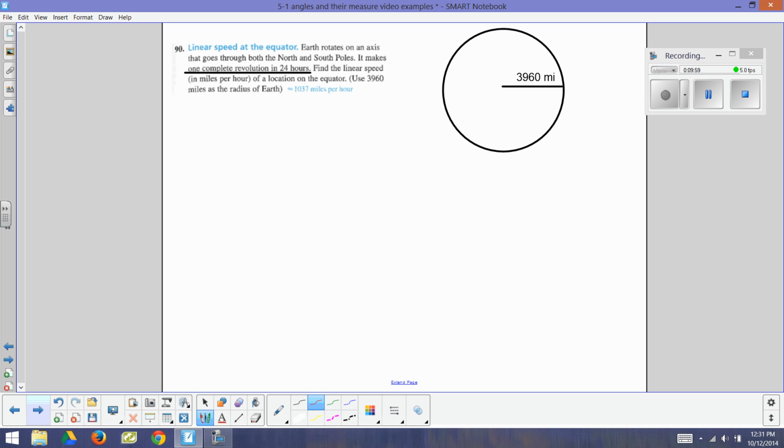I know it makes one revolution in 24 hours. And I know that one revolution is equal to one circumference. And one circumference is 2 pi times r, and that would be miles.